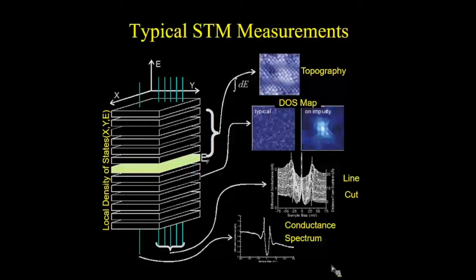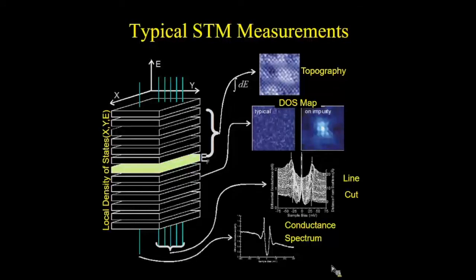We can park the tip at one location, let's say here, and just change the energy and measure the differential conductance, and that gives us these conductance spectra, which are, again, density of states as a function of energy. We can scan along a line and take a number of spectra and get line cuts, which enable you to see how features change as you go through impurities and stuff like that.